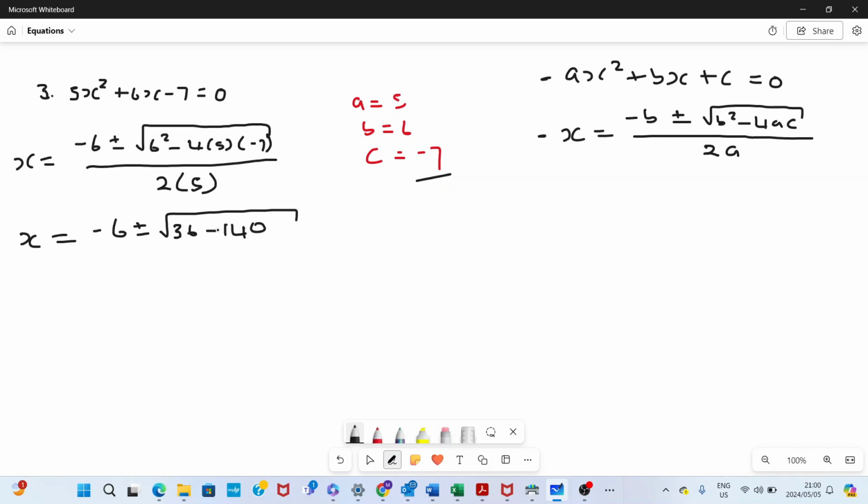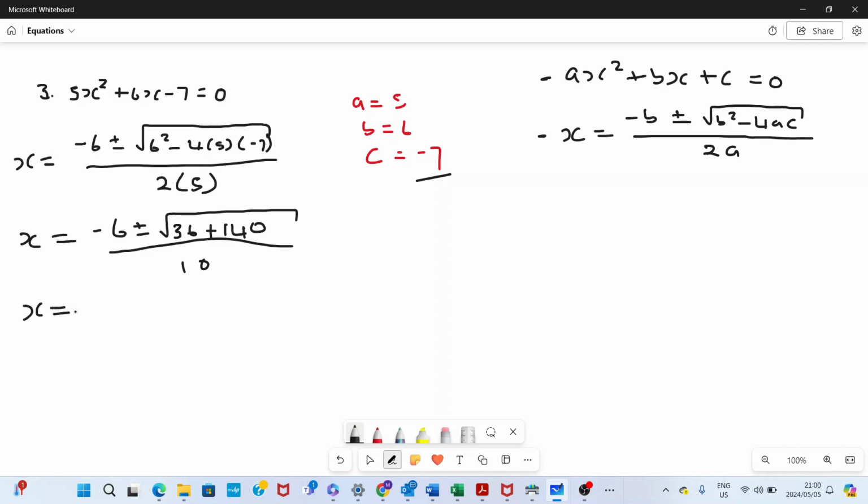But that 140 is going to be positive because this is a minus 7, so we're going to have plus here. Then this is going to be over 10.